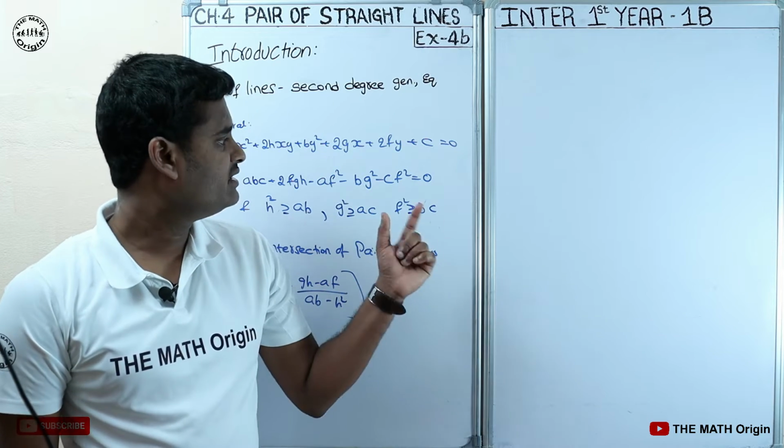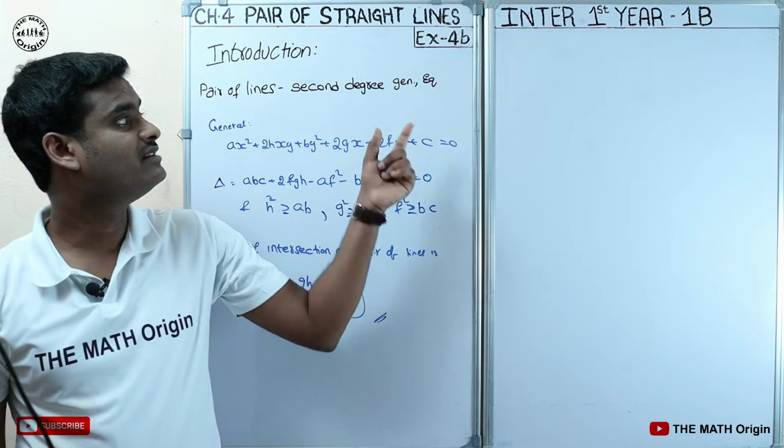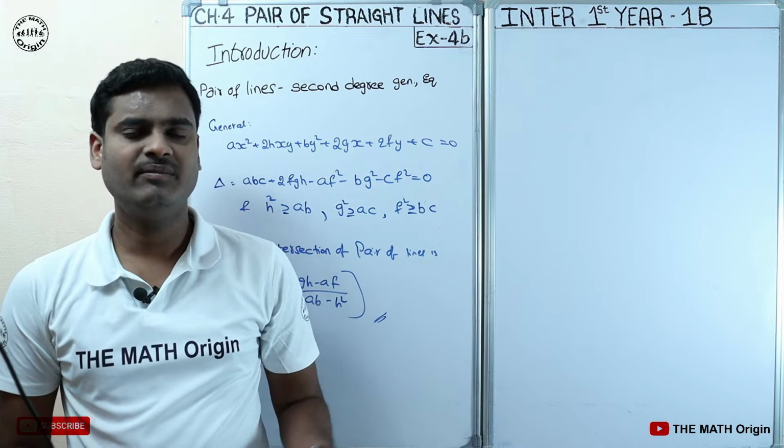This is the point of intersection of the pair of lines. These are the very basic introduction of this 4B exercise in pair of straight lines.